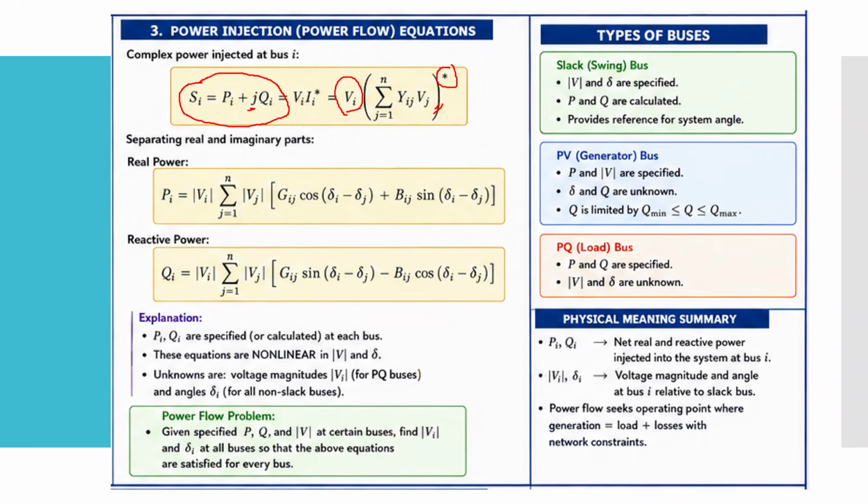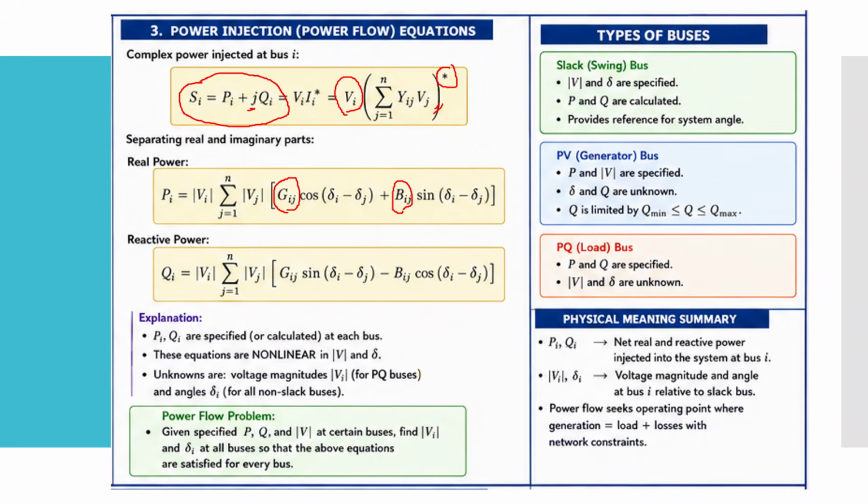So here we have Vi like this, and Vj also like this. We have Yij, which has a component of conductance Gij plus Bij, and the Bij is the imaginary part. Vi has an angle theta i, and this has an angle theta j.